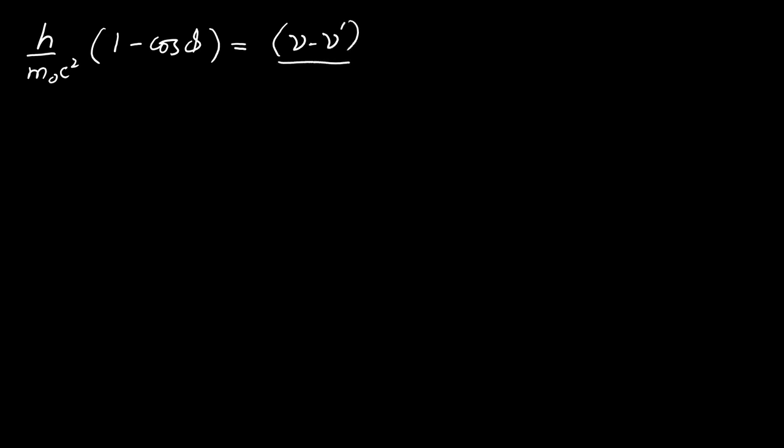So students, since equation number 7 is h divided by m naught c square into 1 minus cos of phi is equal to nu minus nu prime divided by nu prime into nu, and as we know that velocity is equal to nu into lambda.